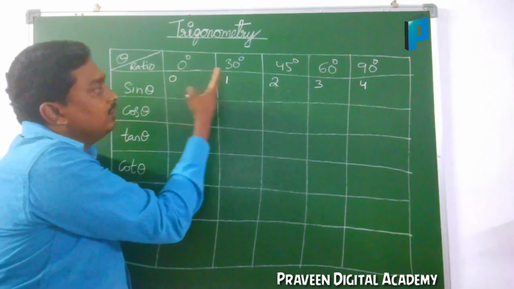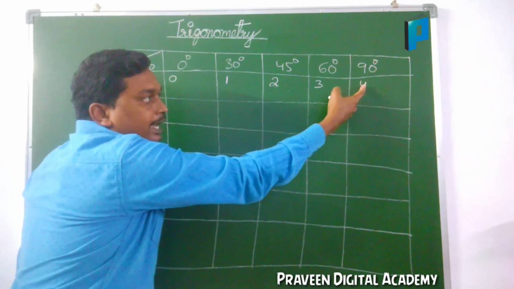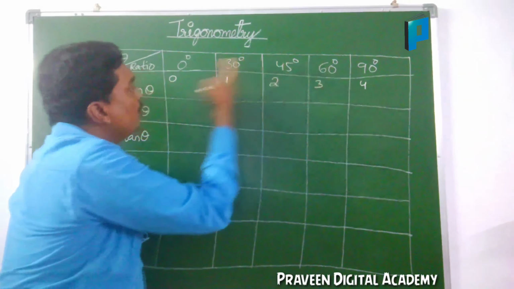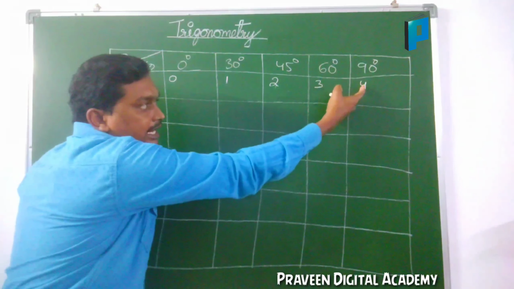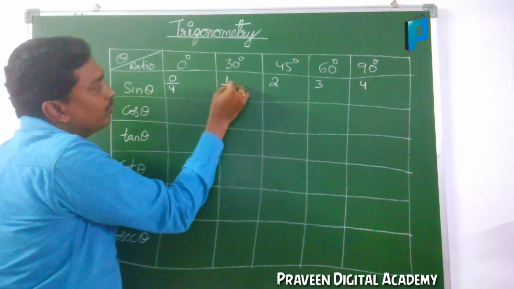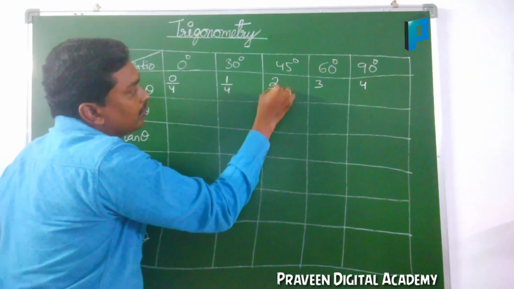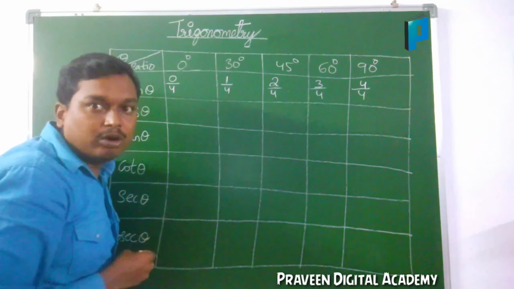I kept here 0, 1, 2, 3, 4, and it is ending with 4. So we will divide all the numbers by 4. By 4, by 4, by 4, by 4, by 4 we got.